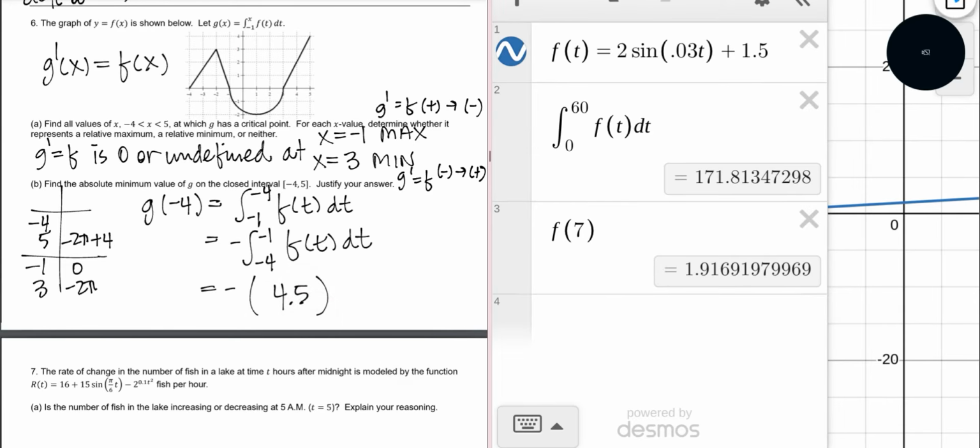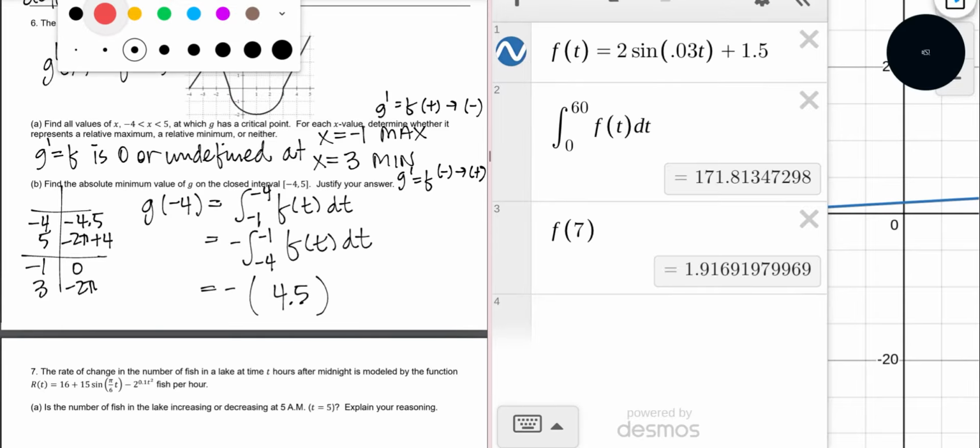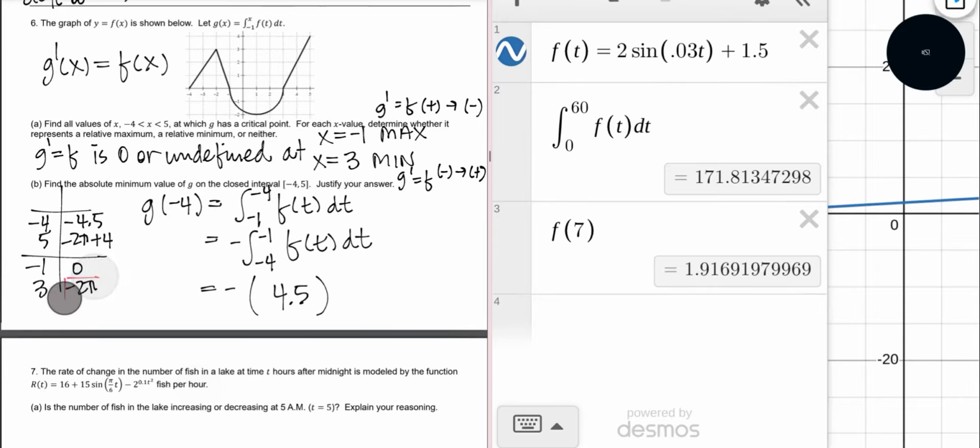Okay, yeah, 9 divided by 2, so that's negative 4.5. I know that -2 pi is more negative than -6, so the absolute minimum value of g is going to be right here.